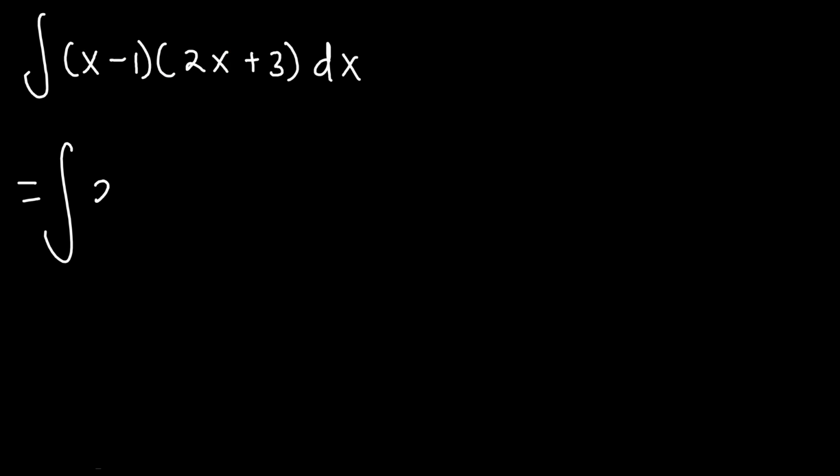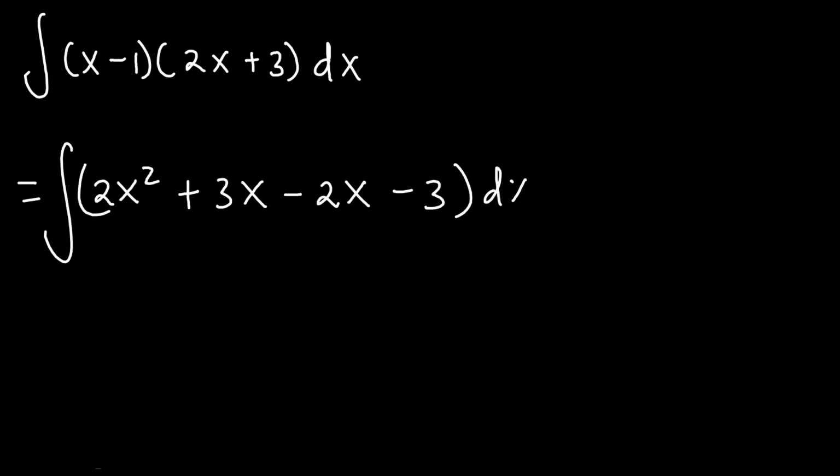And then we shall get this times this, and that will give us plus 3x. And then this times this, which will give us negative 2x. And lastly, negative 1 times 3, which will give us negative 3 times dx.